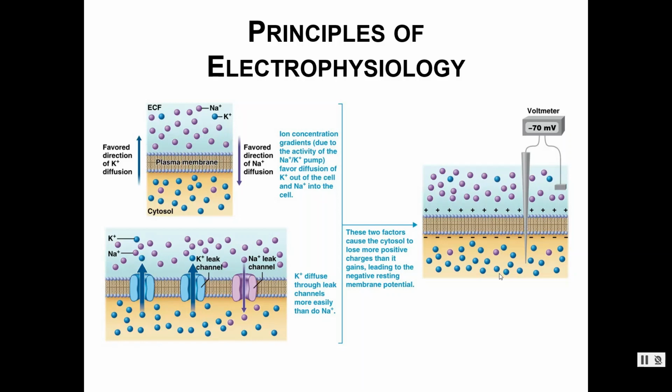We would have to use good old-fashioned ATP to accomplish that. So that's the sodium-potassium pump. Using the ATP, our favorite energy source, we move sodiums and potassiums against their concentration gradients to assist with reestablishing resting membrane potential.